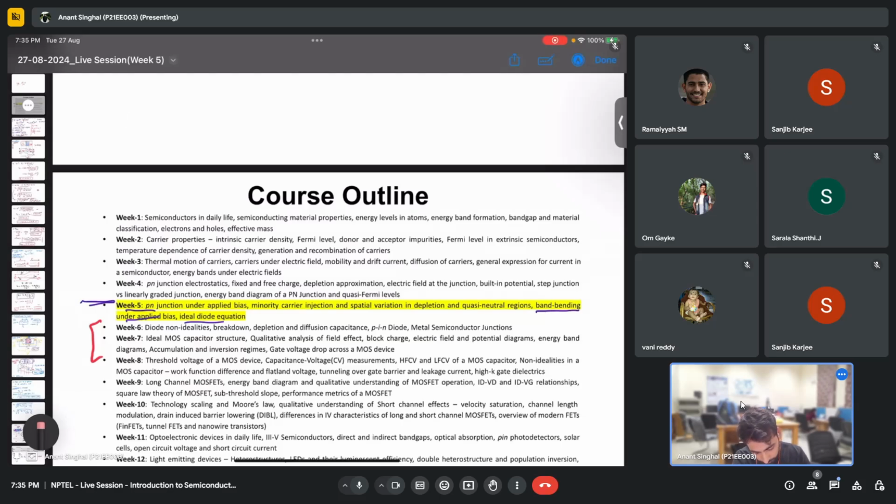Next Tuesday I'll take the session for week 6 from 5 to 7, and the next day I'll take the session for week 7 from 5 to 7 again, because I'm not available on 10th September due to some work. So next Tuesday, 3 September, and the next day, 4 September, I'll take two sessions that will cover week 6 and week 7.